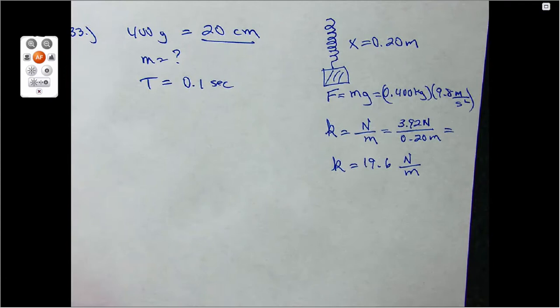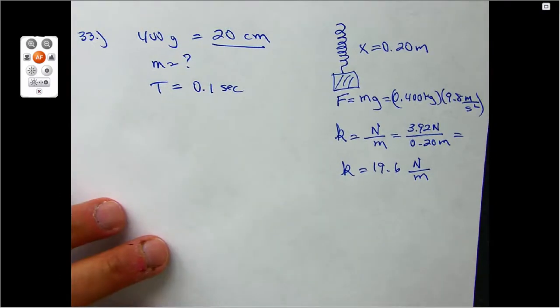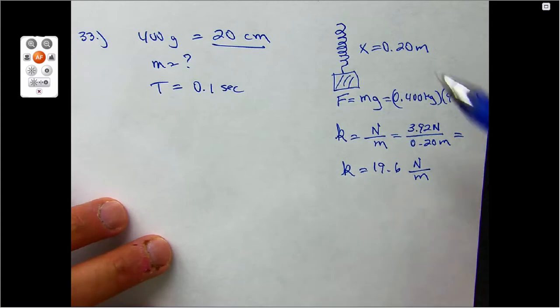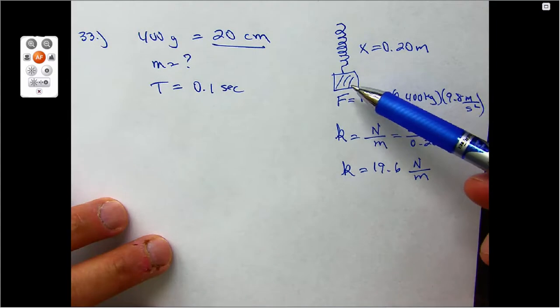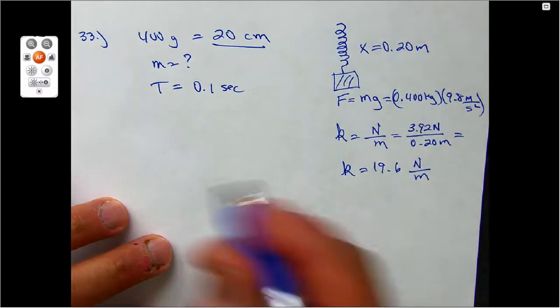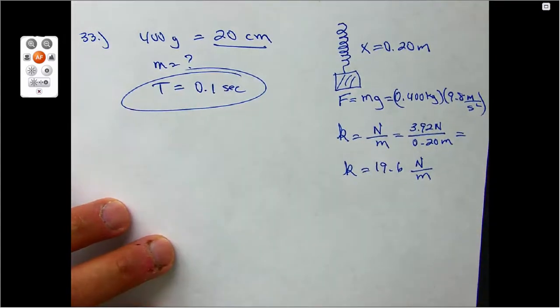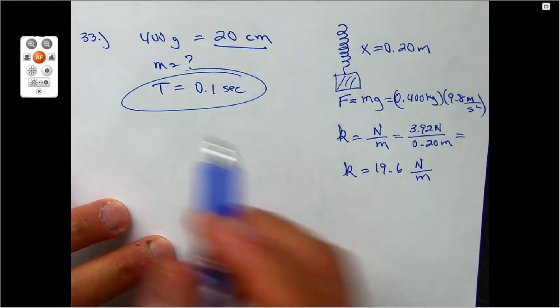So now we use that same spring. We put a different mass on it and pull it down, and we know then the period is 0.1 seconds. It wants to know what the mass is.